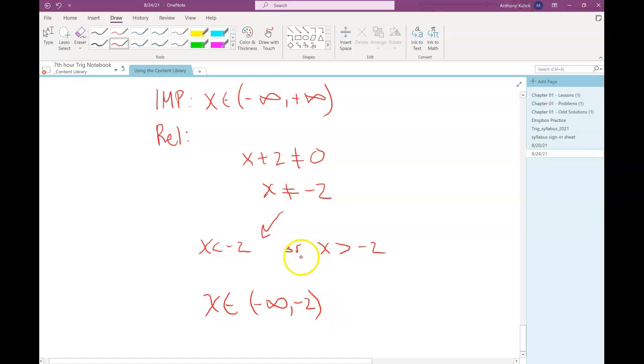For both. Now, because of the or, I'm going to do that union symbol again. And then for x is greater than negative 2, the lower bound is negative 2. The upper bound is positive infinity, or just infinity is fine. And the ends get parentheses in both places.